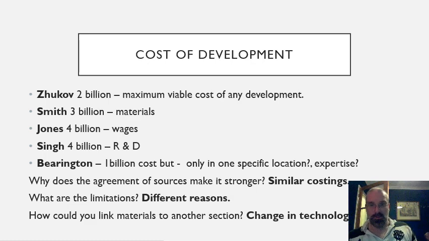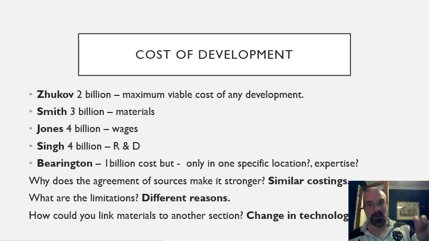So what would be an interesting thing to do, obviously, is when you're looking at Smith, who talks about how materials are the crucial reason why this thing would be too expensive, you could link that into a technology section. And if in that technology section you say, the sort of technological drive is that in 10 years' time, actually, it would be financially viable, you can then turn Smith's argument on his head and say, at the moment, he says it is financially unviable.